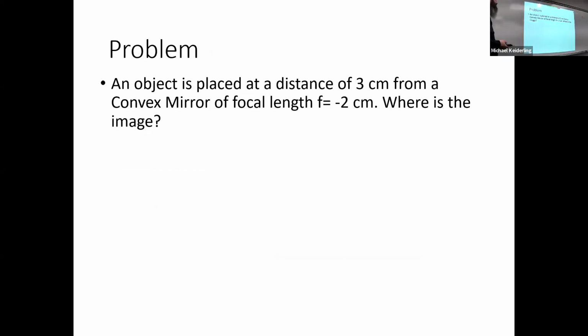So if an object is placed at a distance of 3 centimeters from a convex mirror of focal length -2 centimeters, where is the image? 1 over focal length equals 1 over DO plus 1 over DI.